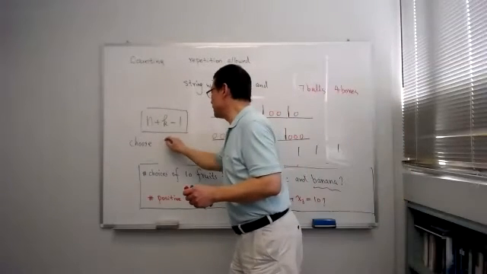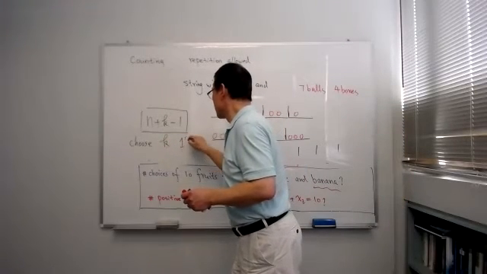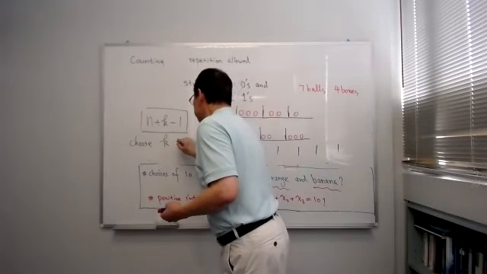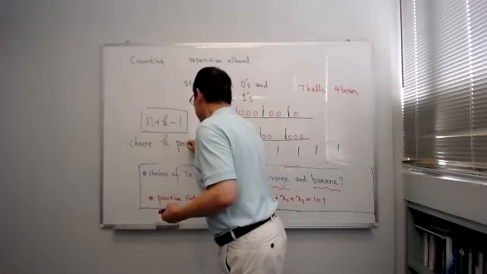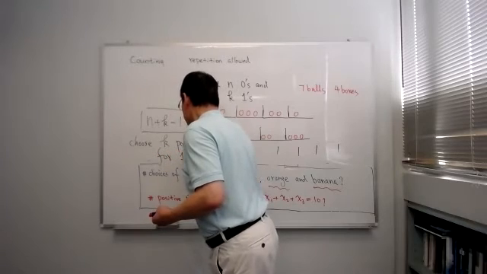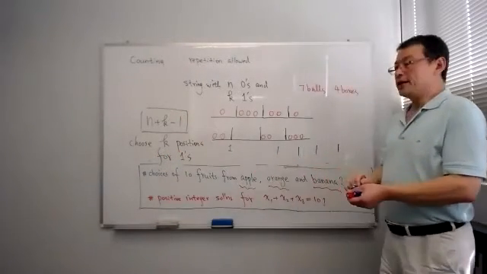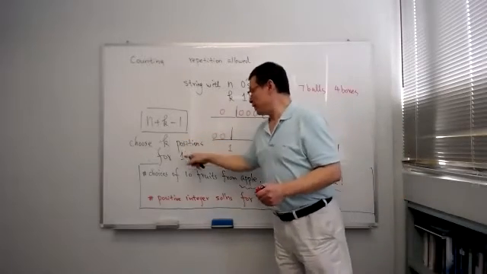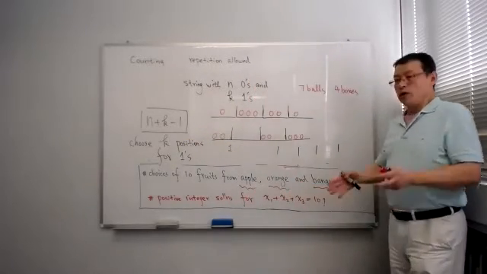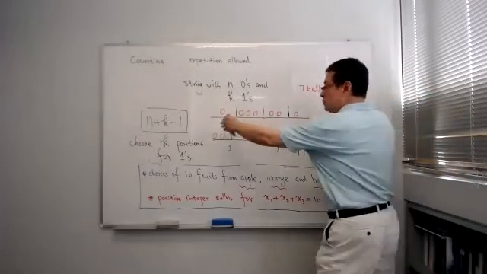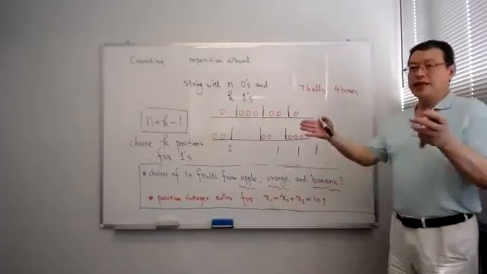So we choose k positions for ones. The problem is really from n plus k minus 1 positions, we choose k positions for ones. Once we have chosen these positions for ones, we know how the box is divided into k boxes.